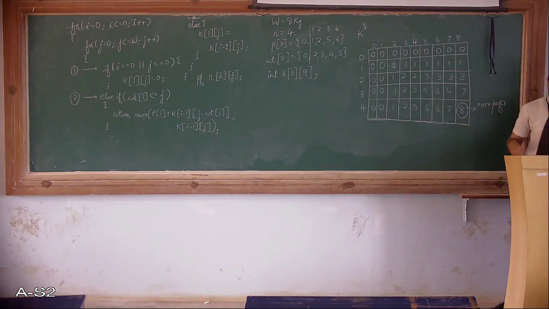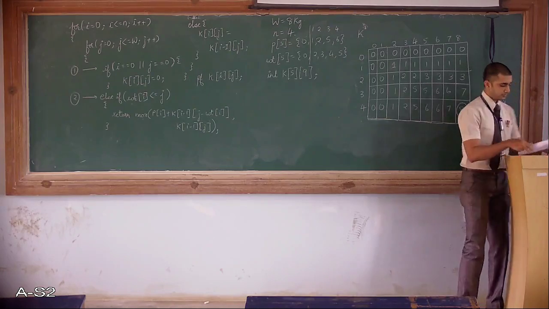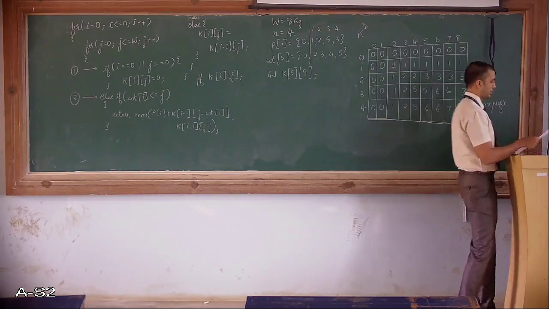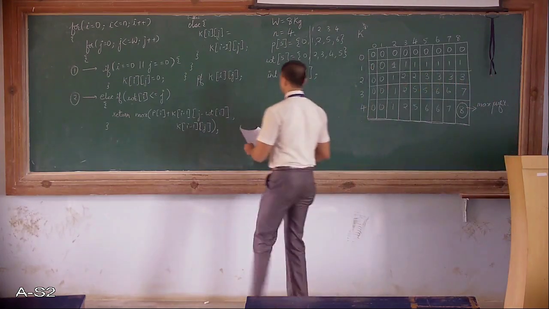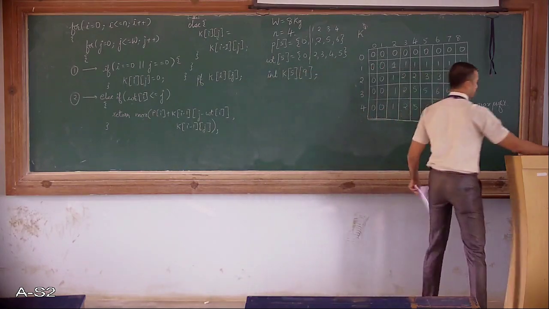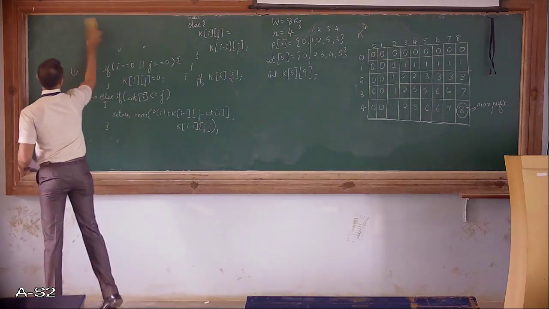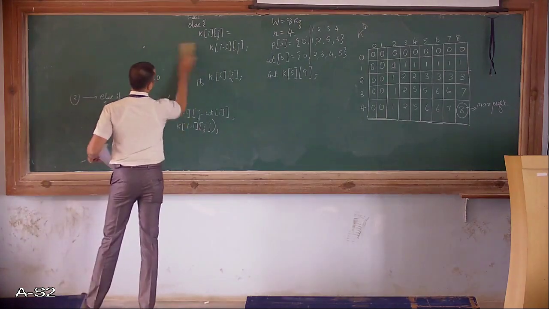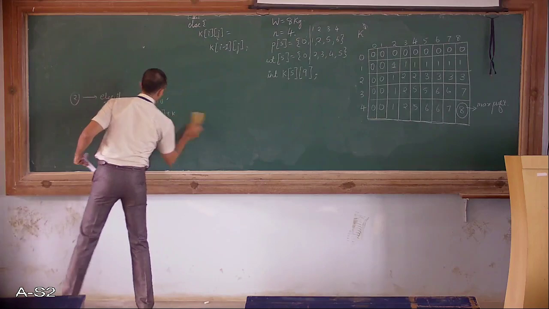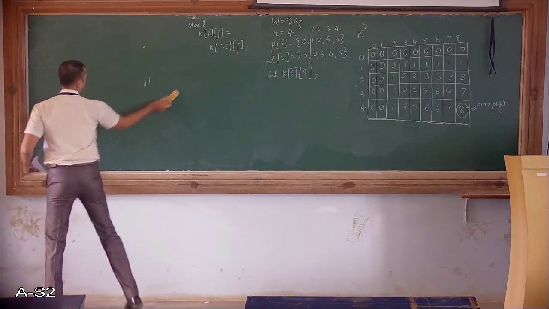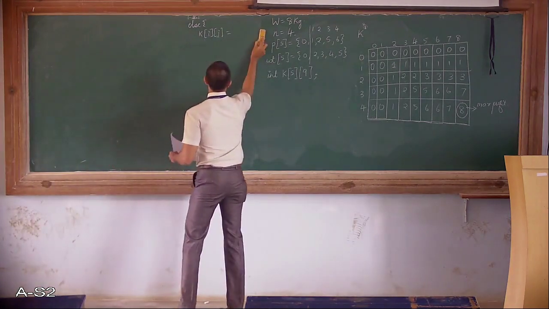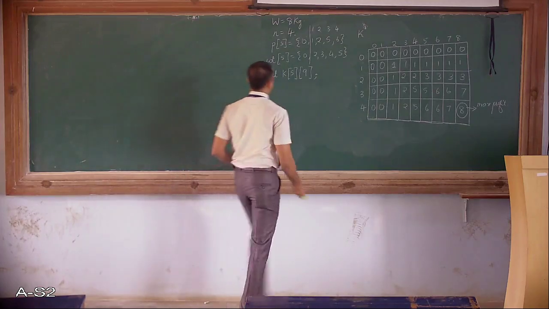So this is what we are going to do. So the next piece of code is going to tell us which are the objects that we need to include and which are the objects that we need to exclude.